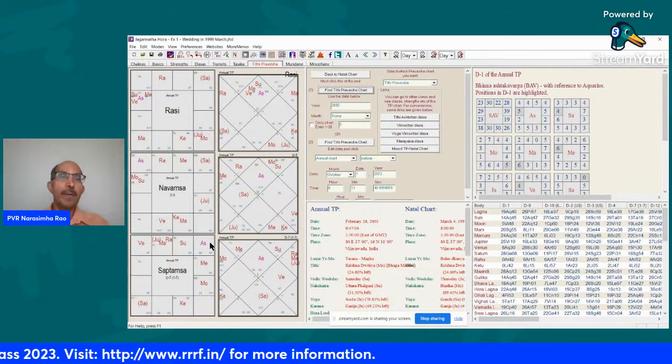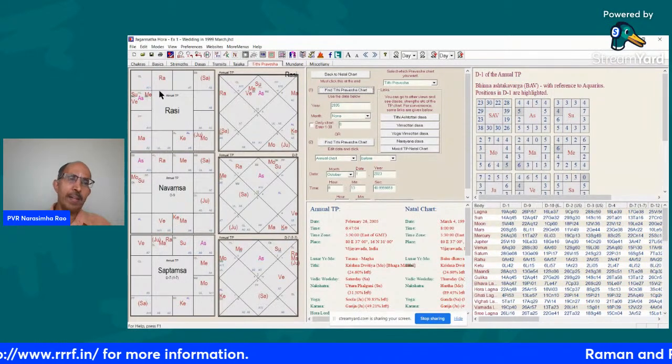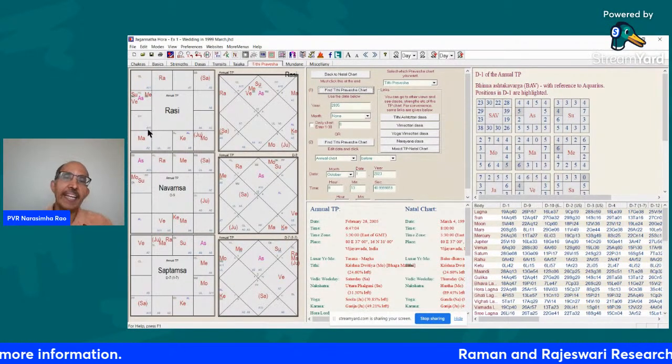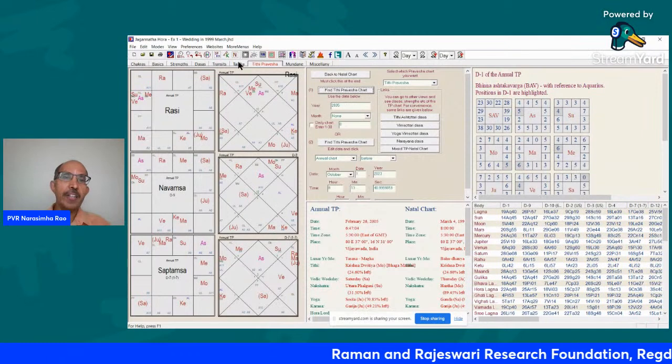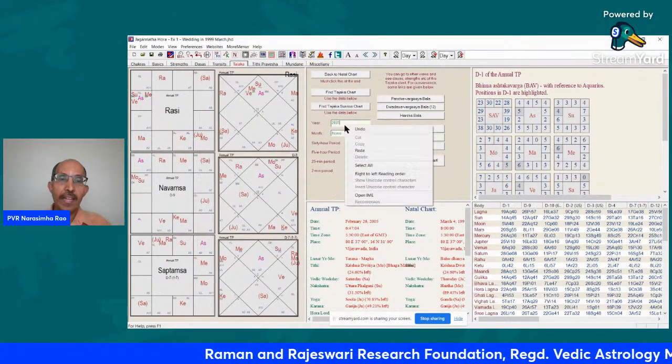So there are some nice combinations, but compared to Navamsa and Saptamsa, Rasi is very, very strongly indicating childbirth. And finally, let us look at 2005 Tajaka chart also.